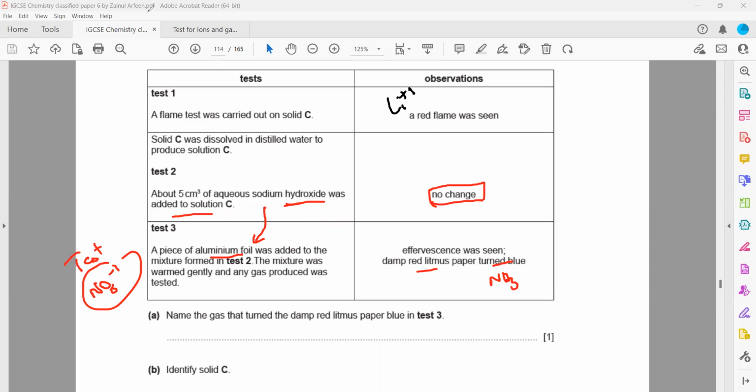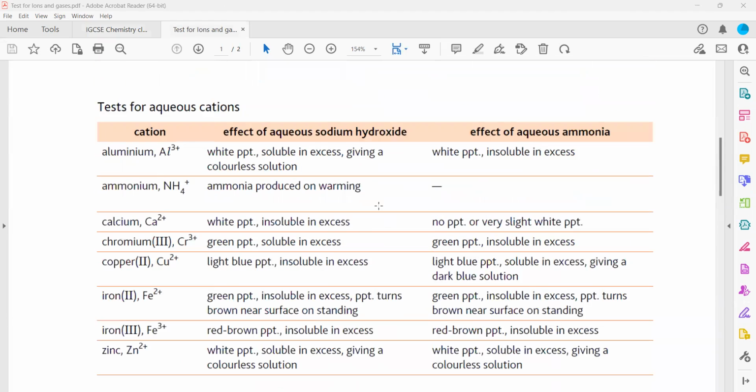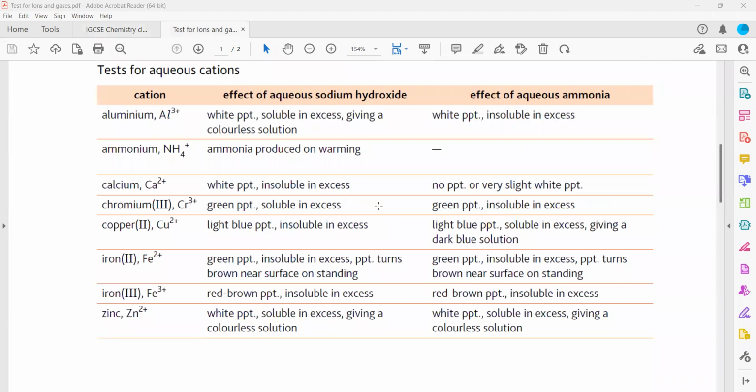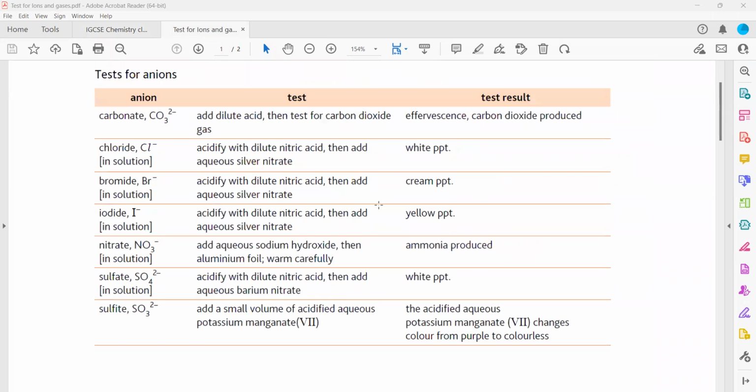Because if there is a nitrate ion and we add sodium hydroxide, then aluminium foil or powder, and warm, ammonia gas will be produced. So this confirmed that the solution contained a nitrate ion.